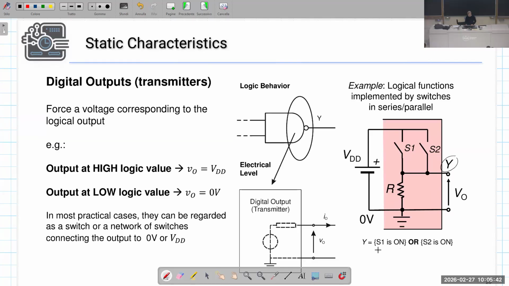So it's the OR of the switch 1 on and switch 2 on. It's the OR between these two conditions. Okay? Is that clear?